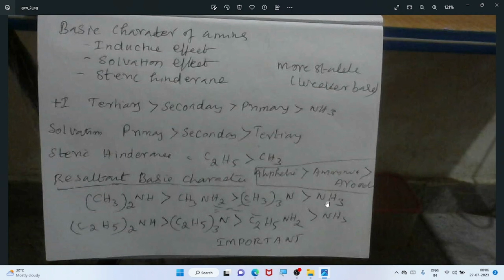Ammonia is the least basic here. If you take the ethyl group, you see the change, because the steric hindrance varies between ethyl and methyl. This is greater than ammonia.